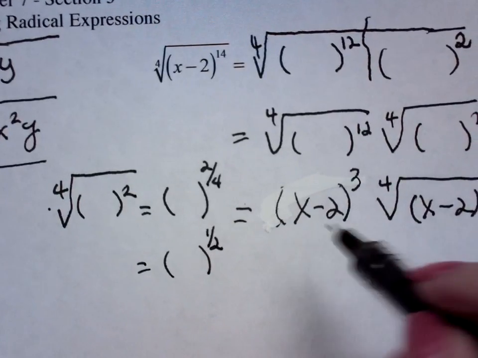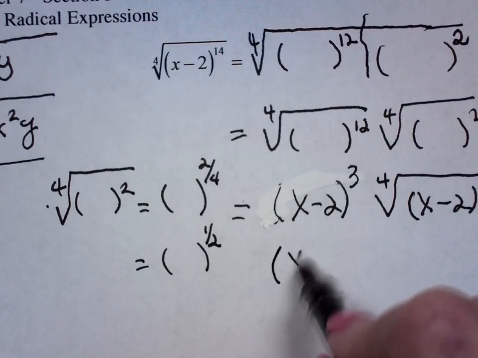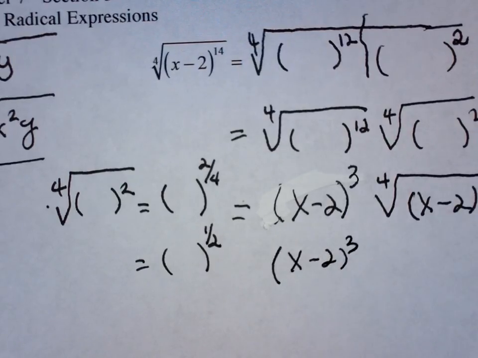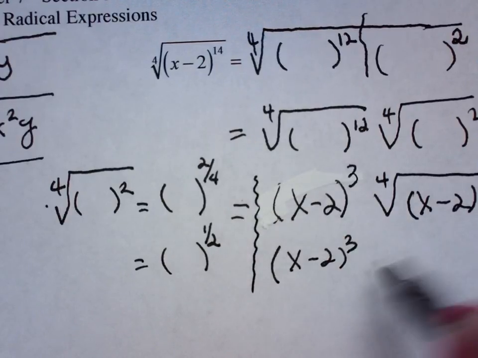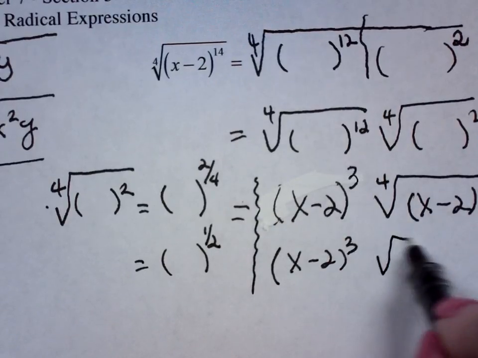So the equivalent answer is x minus 2 cubed, and not a fourth root, but a square root.